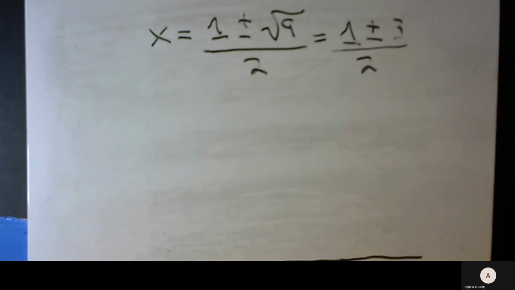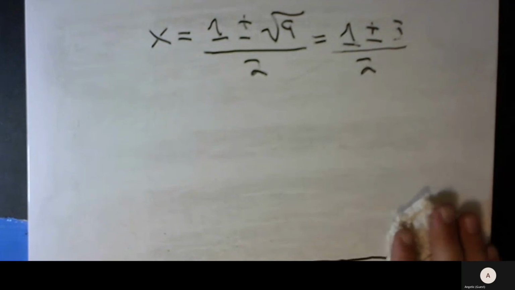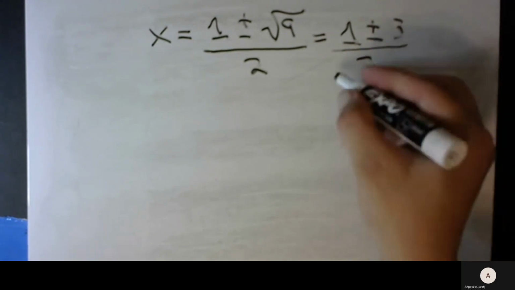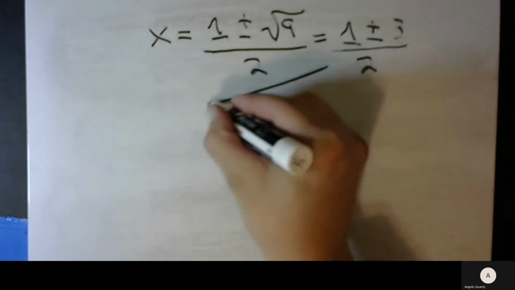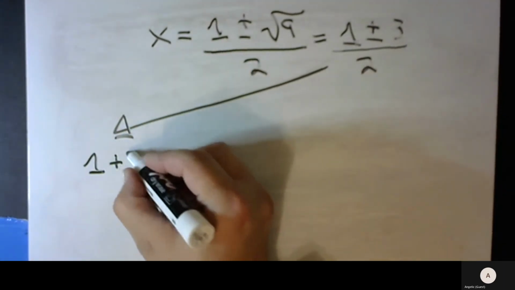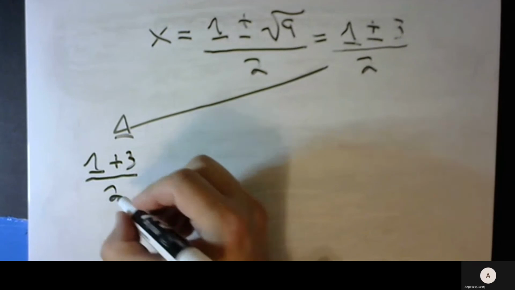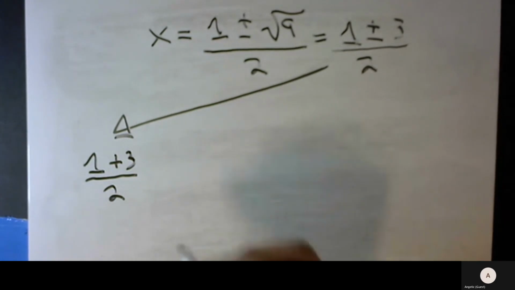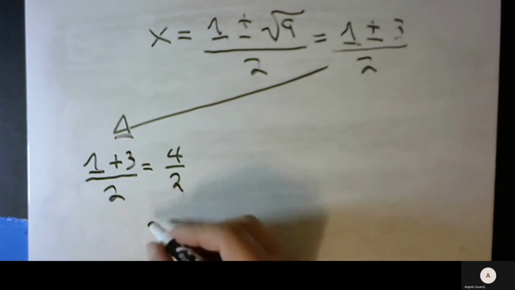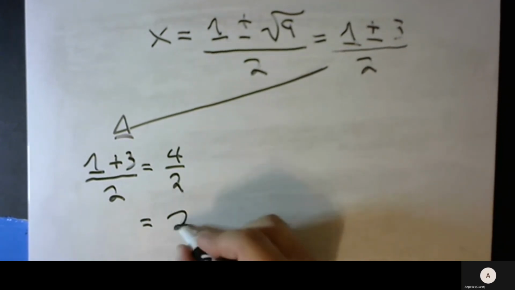So now we're going to get those two answers again. 1 plus 3 over 2, 1 minus 3 over 2. So if we do the plus, this will be 4 over 2, or just 2.